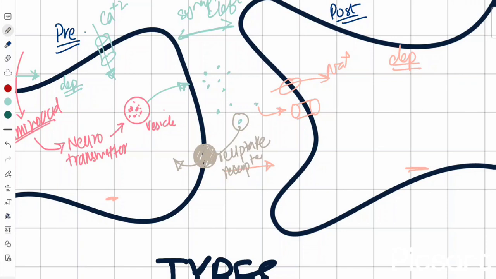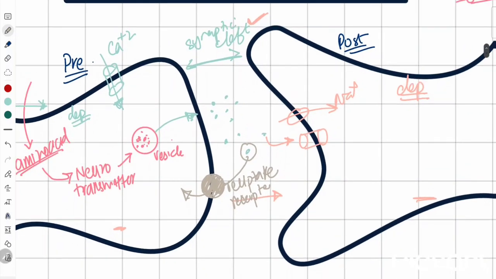That's one thing. Another thing, on the presynaptic membrane, there are other receptors like these. These receptors are autoreceptors, and these are going to inhibit the presynaptic neuron. You'll see examples when I talk further in this video.